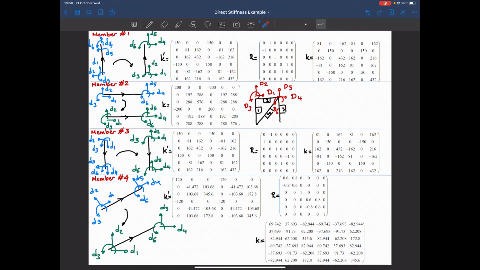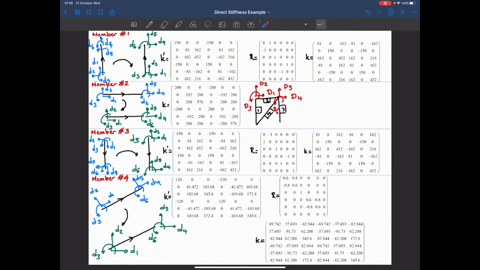So if all the degrees of freedom are in the same direction, while determining the structural stiffness matrix, you don't really have to worry about showing all the coefficients at the ends of the members, transferring them to the nodes, and writing the equilibrium equations to the nodes, because once all the degrees of freedom are in the same direction, we just take the coefficient from the global stiffness matrix and add it to the structural stiffness matrix.